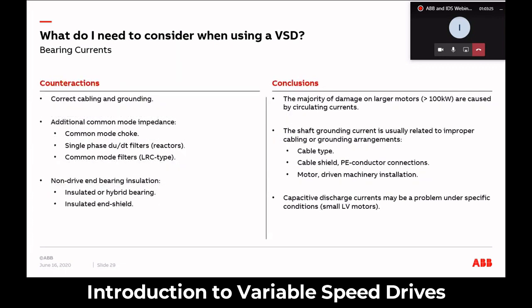In terms of counteractions, the best way to mitigate this is to ensure you have the correct cable and grounding, and also any additional common mode impedance via a common mode choke, single phase dU/dt filters or reactors, or a common mode filter. What also helps is having insulated bearings on the non-drive end of the motor.